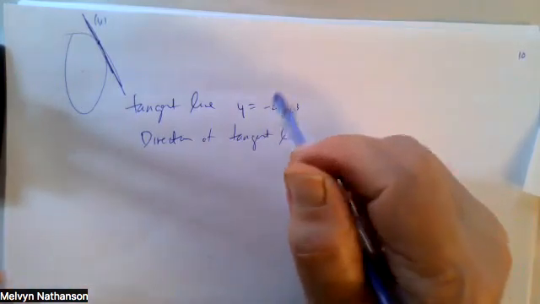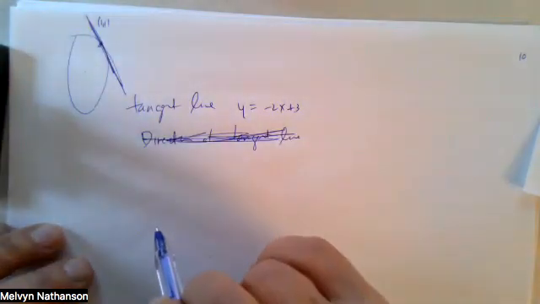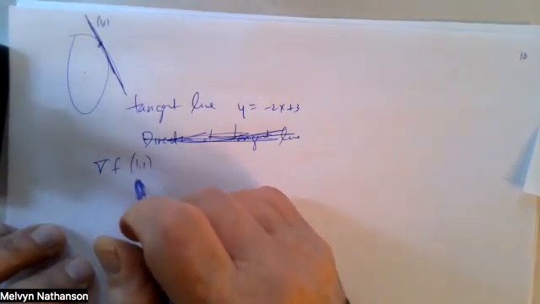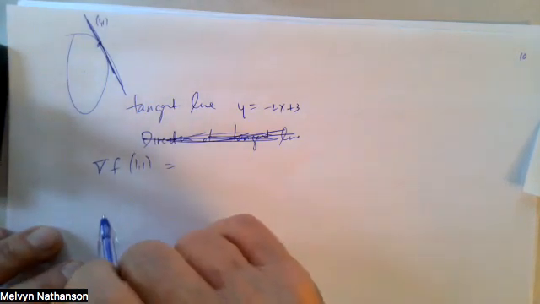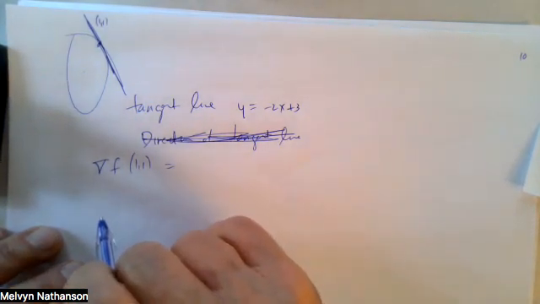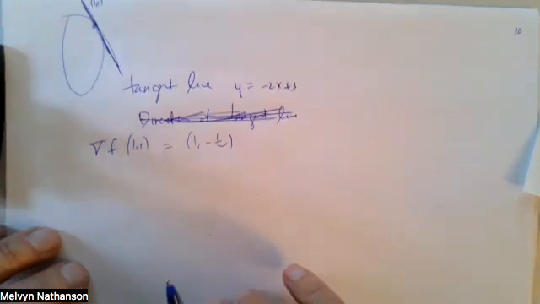Well, let's just find the gradient of f at 1, 1. It is 1, a half.